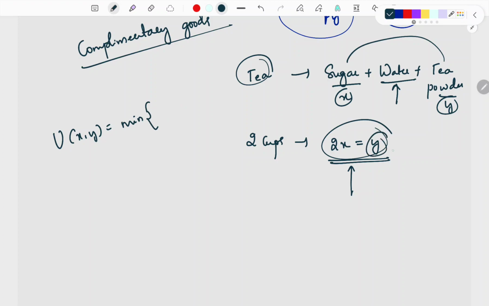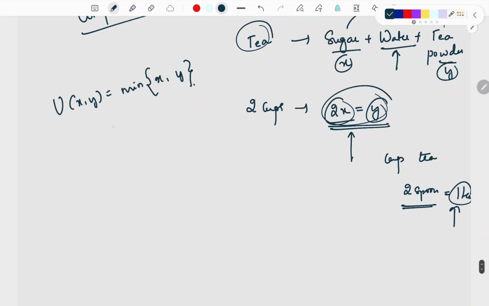If you want 1 cup of tea, you should use 2 spoons of sugar. For that, a minimum of 1 cup of tea is used, or for 1 spoon of tea you use a minimum of 2 spoons of sugar. This is what the min function signifies, whatever it might be, min of x comma y.